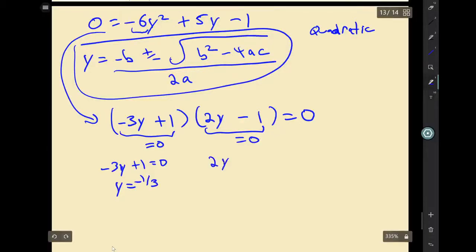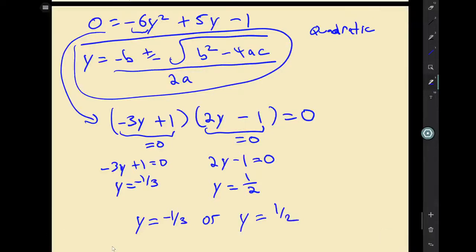And if we have 2y, excuse me, 2y minus 1 is equal to 0, then y is equal to 1/2. And so my answers are y is equal to negative 1/3 or y is equal to 1/2. Both these solve the equation.